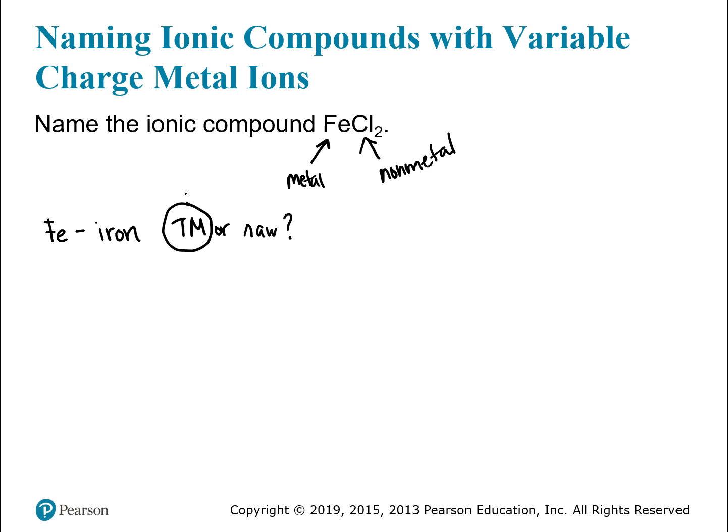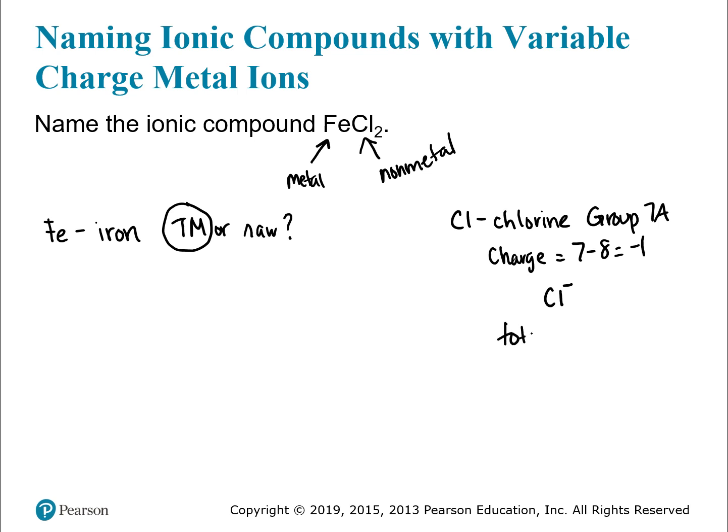We've got to go to the anion. Cl is chlorine. And just like its friend, fluorine, it's in group 7A. So the charge is going to be -1. That's what our ion looks like. We have 2 of these ions in the formula.